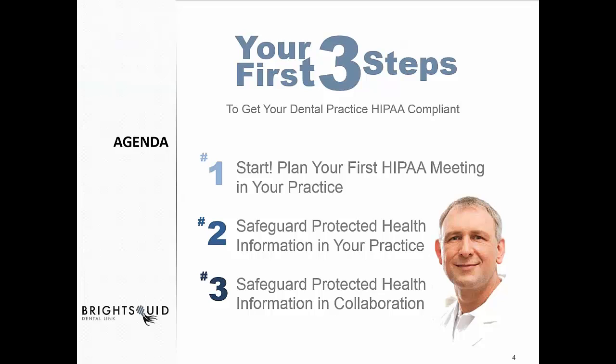So what steps do you have to take in order to start down the path of safeguarding that information? The third element is, now how do you keep that patient information protected as you're using it in collaboration, whether that be to a specialist, whether that be to a lab, or whoever else might be involved in patient care. So that's going to be the topic.